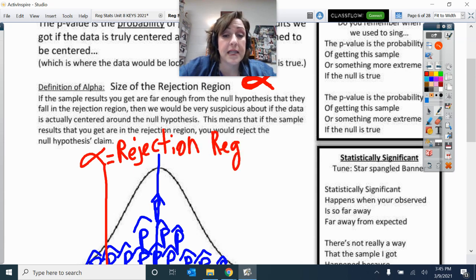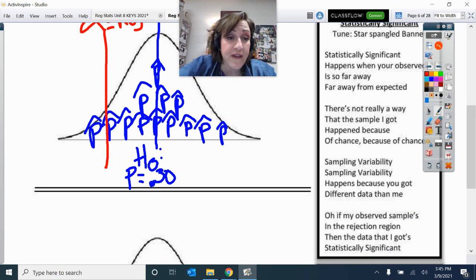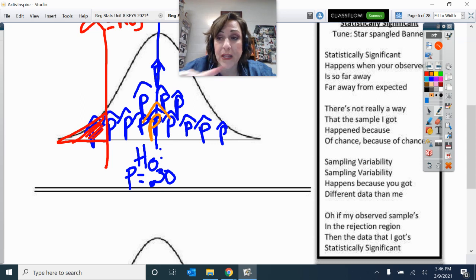That means if anything is in that rejection region, if I happen to get one of these samples down here, then that's far enough away from the null hypothesis that I get a little concerned. I'm thinking, that's more than 2 standard deviations. Remember that whole idea? So I'm thinking, whoa, I got that sample right there.